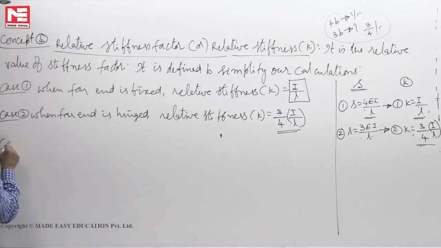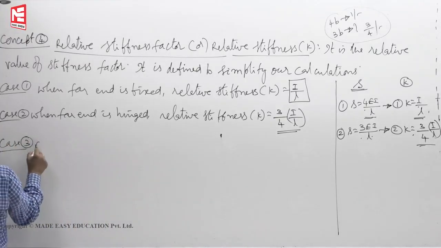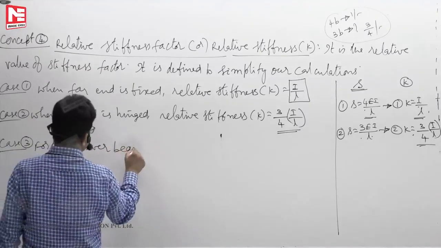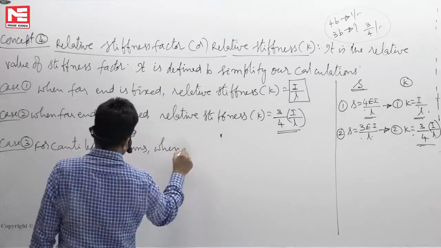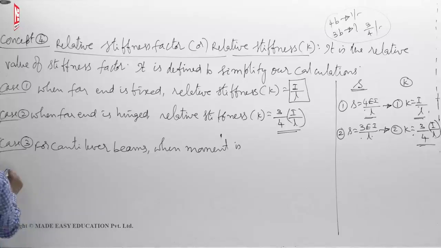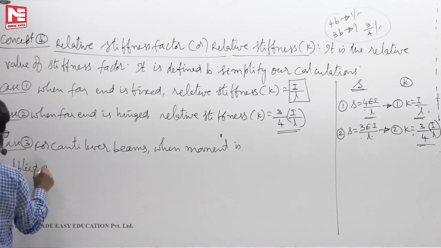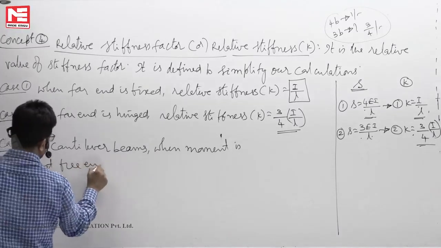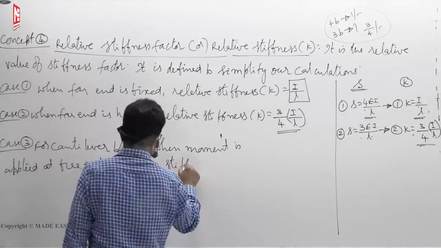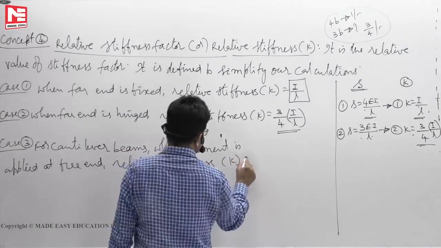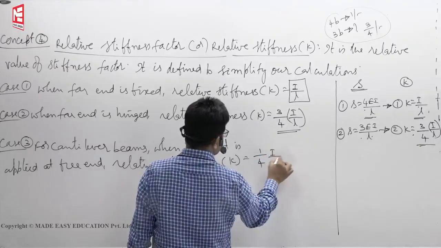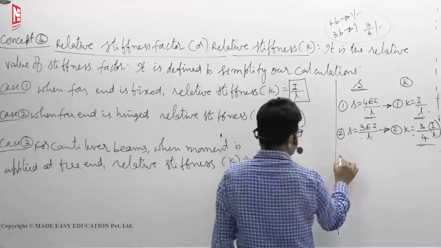Next, case 3. For cantilever beams, when a moment is applied at the free end, what will the relative stiffness K be? You have to write K is equal to 1 by 4 I by L. Why?